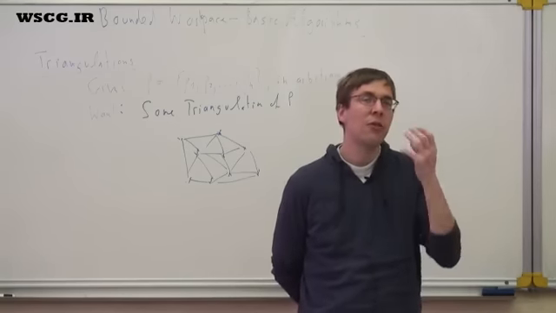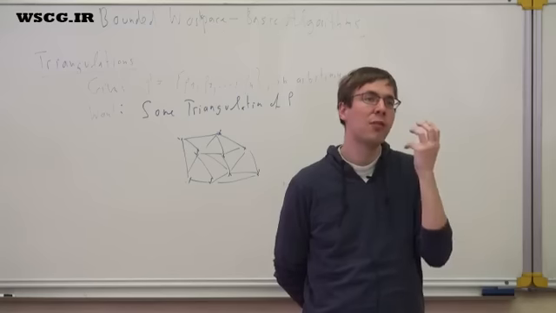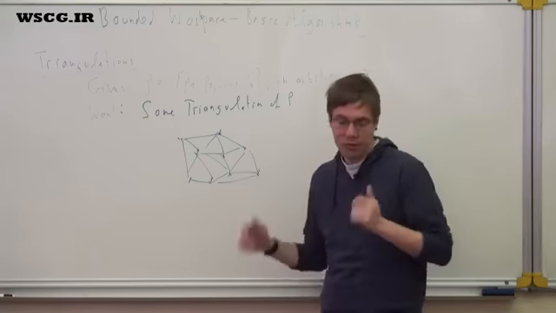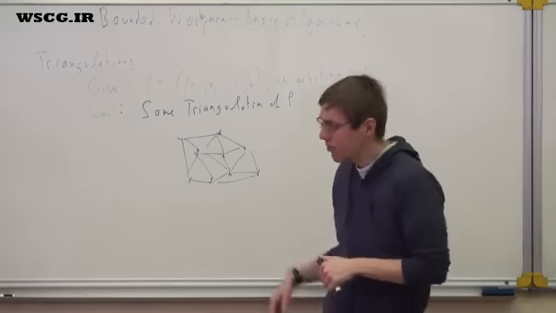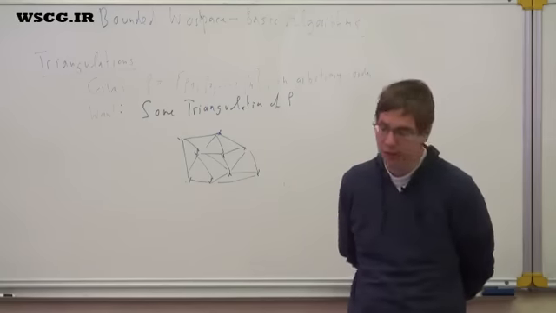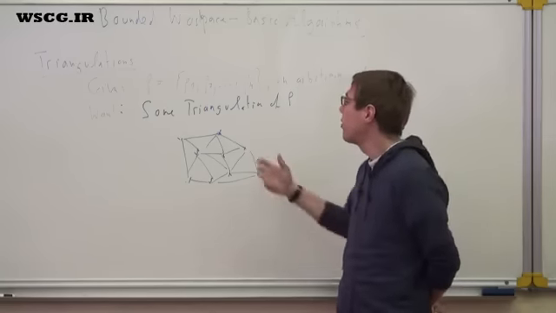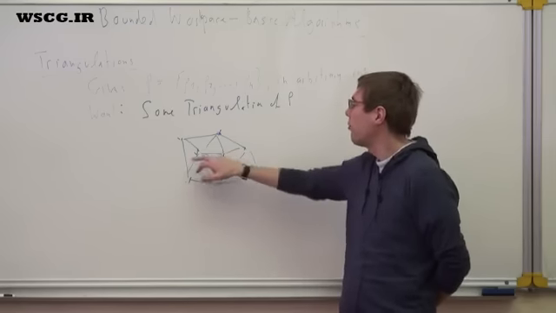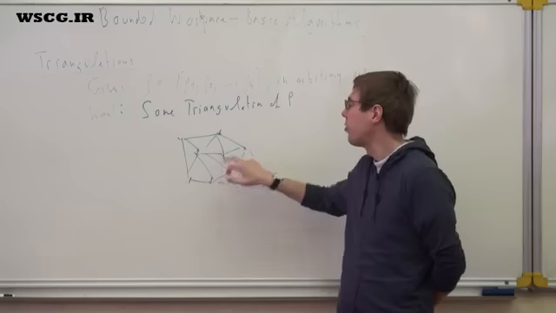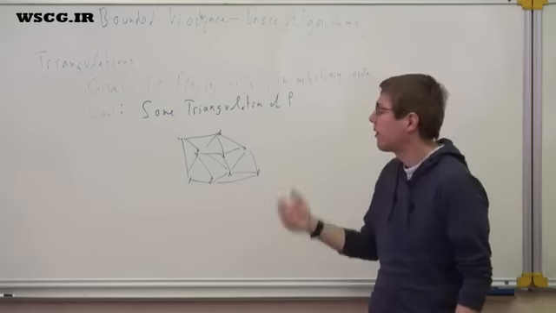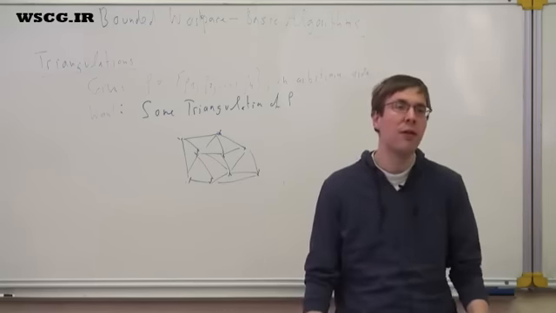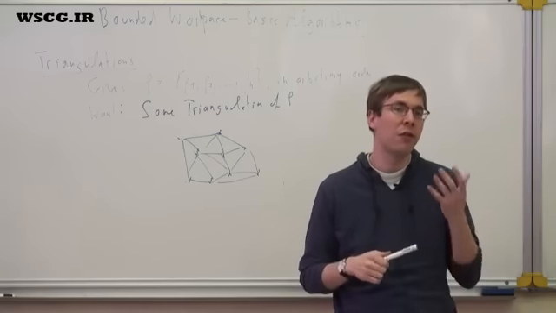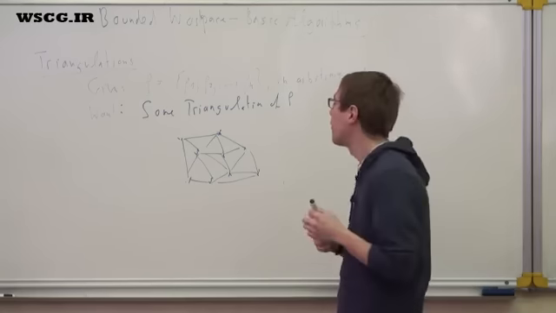So what do I want? I want to output the triangles of this triangulation in any order. You might imagine other things, but the simplest problem would be that you just want some algorithm that uses constant space and that outputs the triangles of this triangulation in some order.